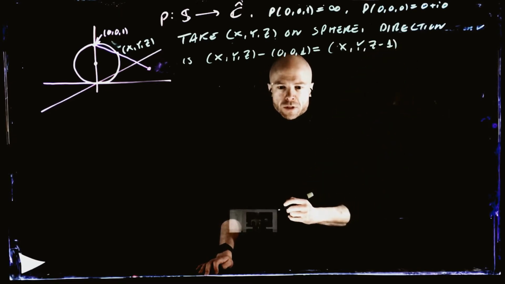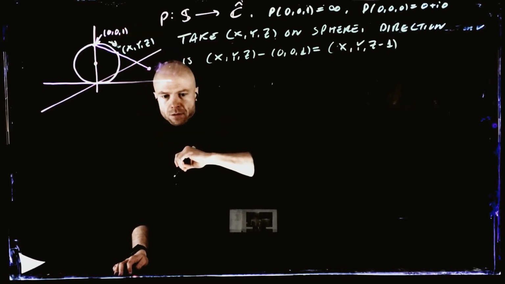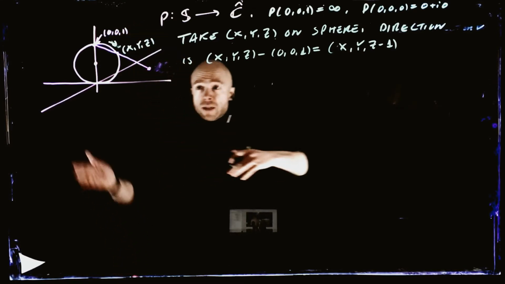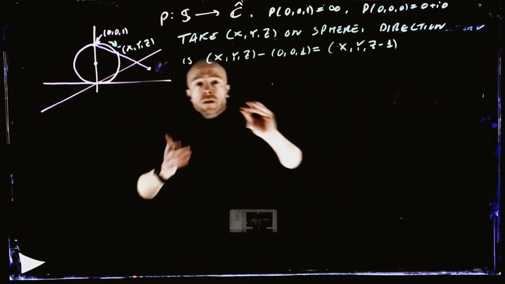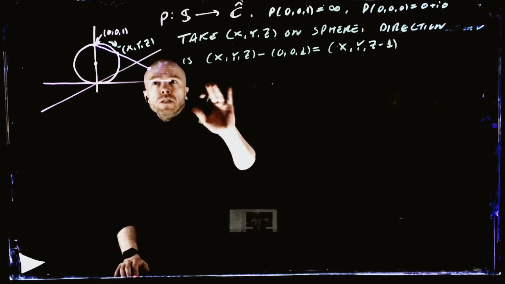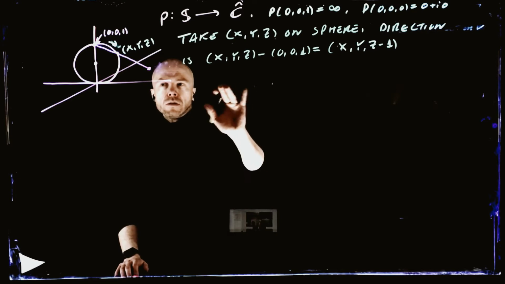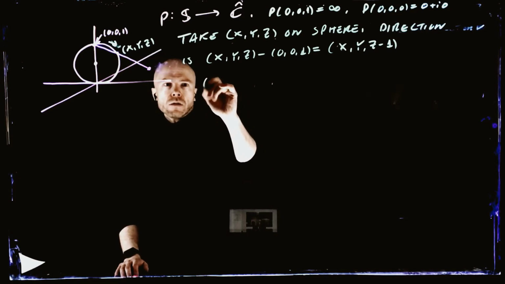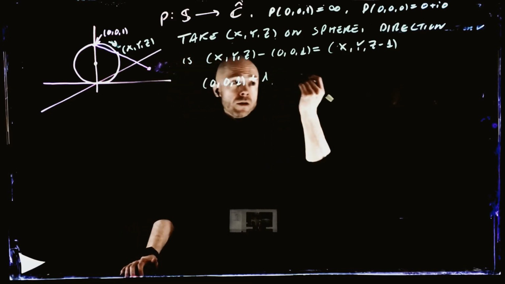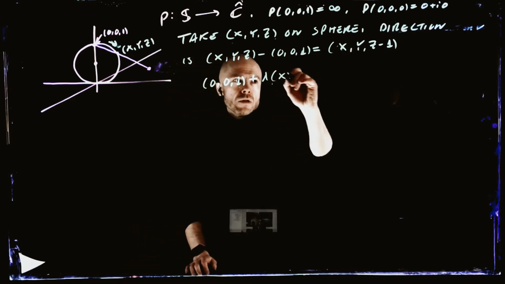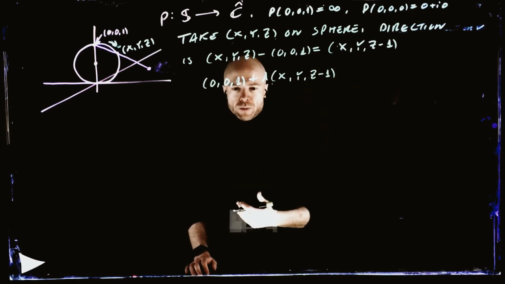That's the direction of this vector right here. Then to see where this is actually going to hit, we have to solve the equation of what we get when we take 0, 0, 1 plus lambda times this direction, x, y, z minus 1, and it hits the actual plane.